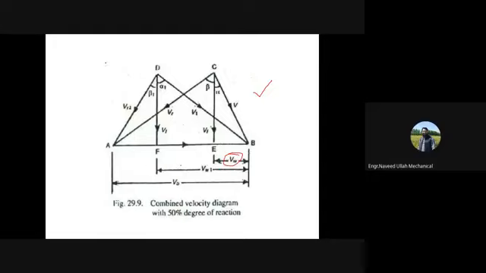Now what are AE or AB? You can find out from this, this is actually VB minus VF tangent beta, simple. Similarly, you need to find out VW1. So put them over here. You will see that this is equal to the difference between velocities.